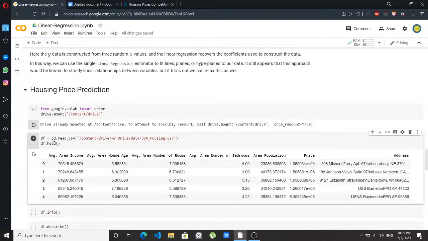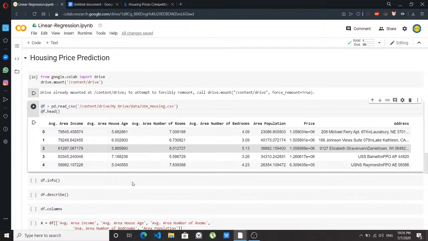We use pandas here, and we are reading the CSV file that has been uploaded already into the drive. It is in my drive in data USA housing .csv. To bring the CSV into your notebook, you can use pd.read_csv and the path where the data has been stored, and I'm storing this in the df variable. Using df.head, you can output the first 5 values of the data frame into your notebook.